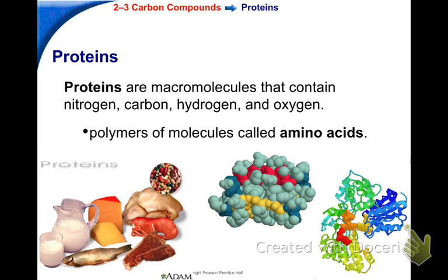Proteins, last but not least. Large molecules that contain nitrogen, carbon, hydrogen, and oxygen, made up of building blocks called amino acids. And don't forget, this PowerPoint is also available in our Google Classroom, just without all my writing on it. If you want to see my writing, you got to watch the YouTube video.